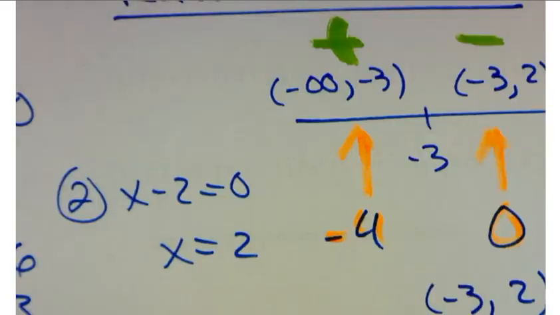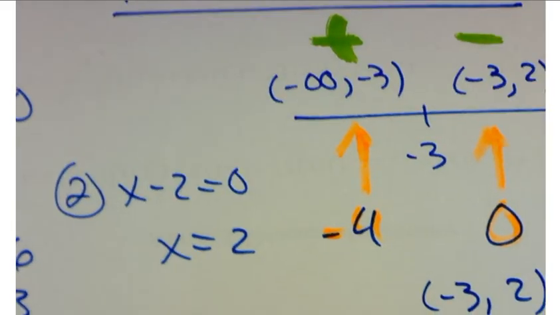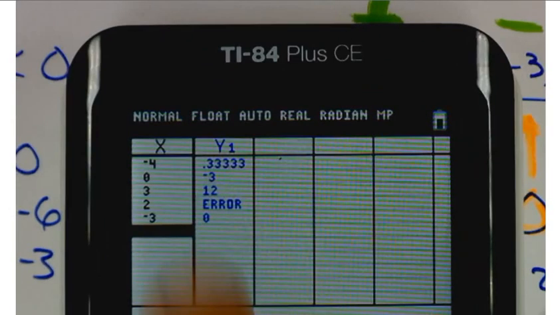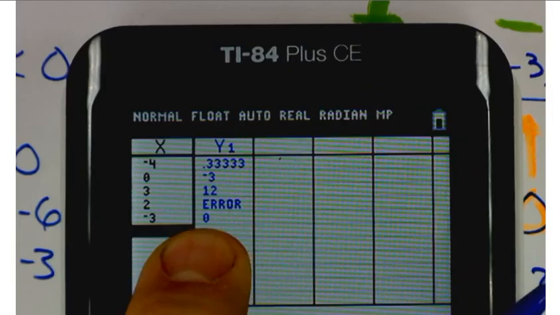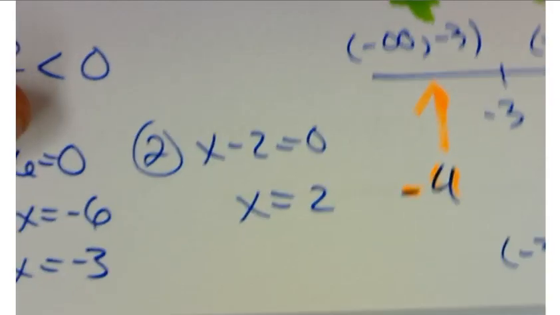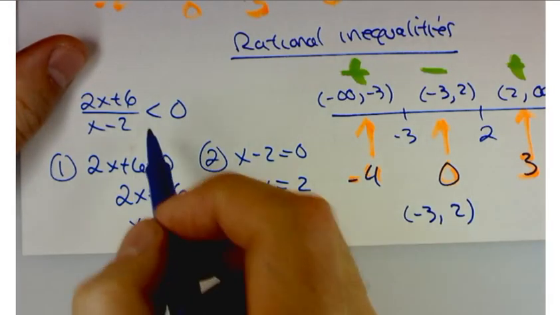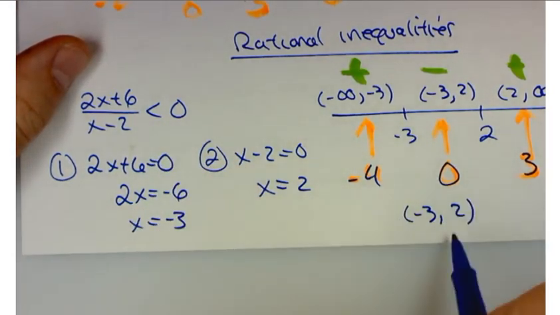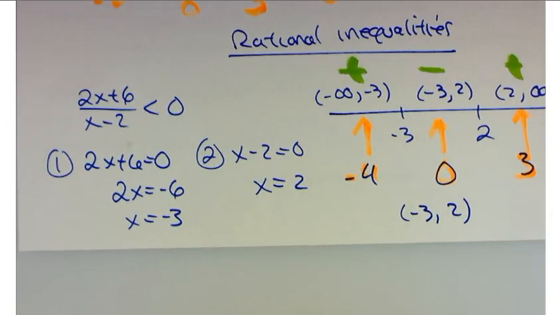You can't do that, so you'd have to use a parenthesis around 2 in any case. Now, if I type in a -3, I get 0, which, okay, we calculated where the numerator would equal 0. Putting in a -3 there, yeah, the numerator is 0. If this was a less than or equal to, I could use the -3, but I can't use the 2. So be on guard for that.